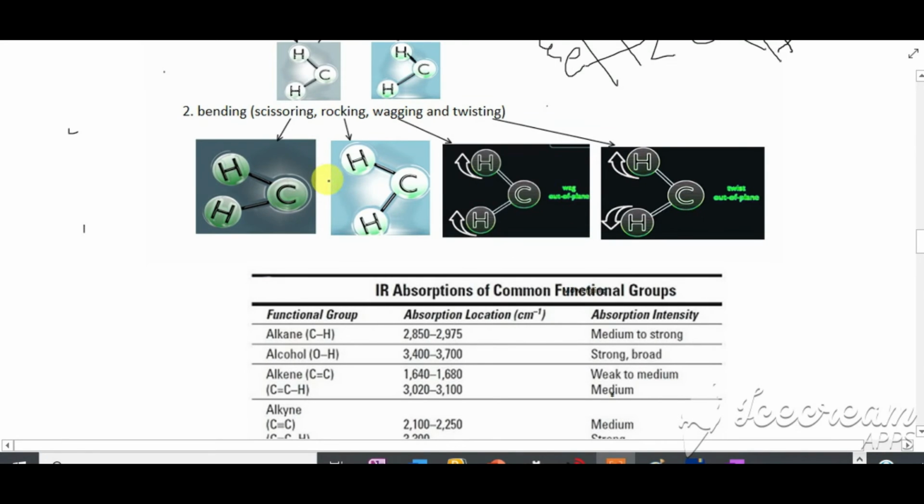In rocking, the movement of these atoms, the angle between these two atoms, goes in the same direction. I mean it bends in the same direction.